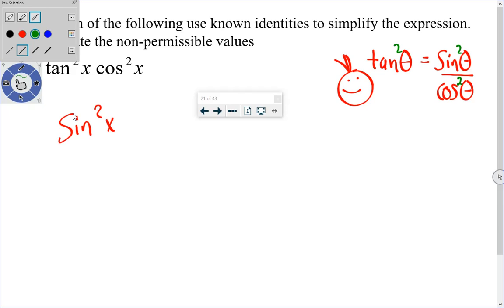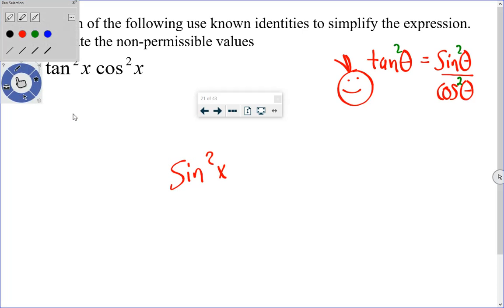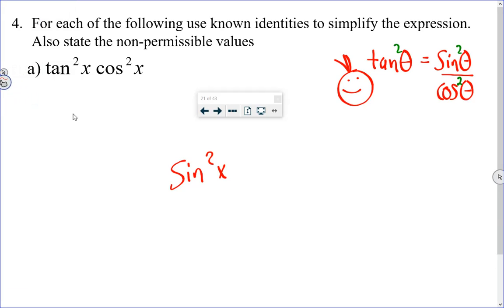I don't know why that yellow thing is there. When I rewrite this using sines and cosines, I am getting sine of x quantity squared over cosine of x quantity squared, multiplied by cosine of x quantity squared.